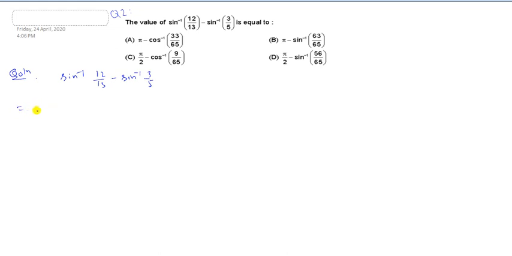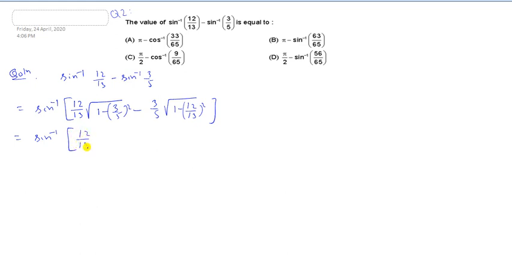So let us recall the formula for sine inverse A minus sine inverse B. This is 12 by 13 under root 1 minus 3 by 5 whole square, minus 3 by 5 under root 1 minus 12 by 13 whole square. So it is equal to sine inverse of 12 by 13 multiplied by 4 by 5, minus 3 by 5 multiplied by 5 by 13.